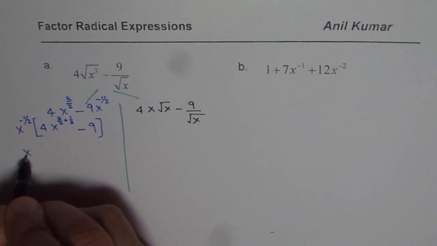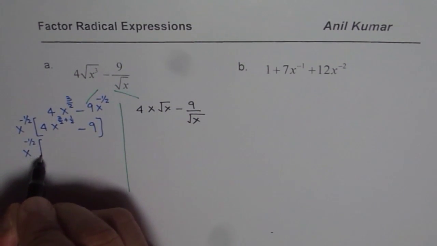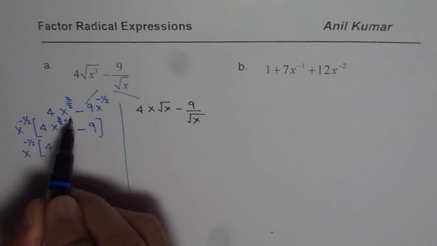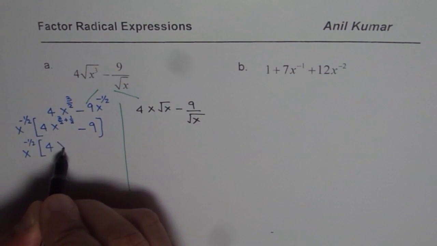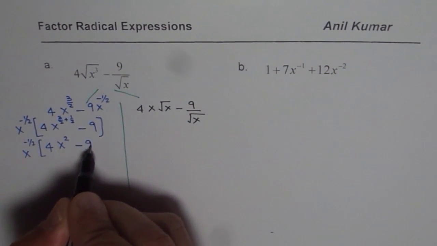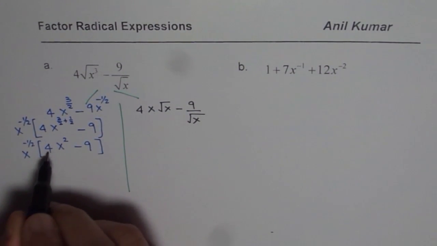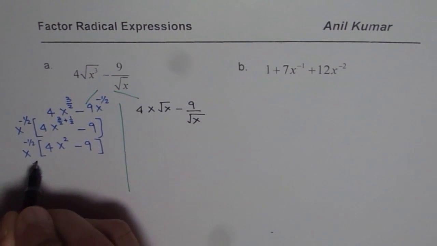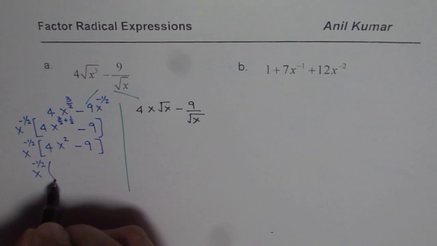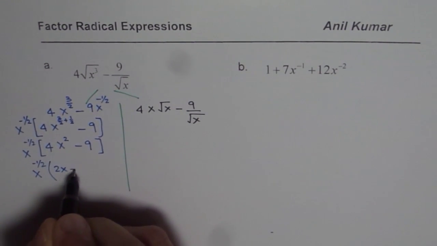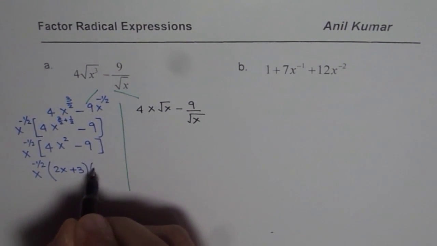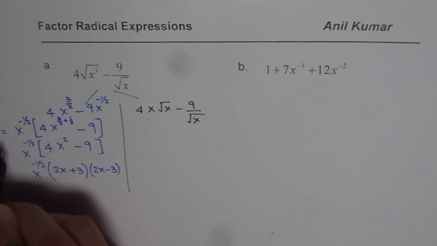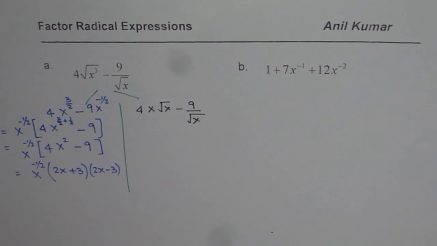Now, within the bracket, 4x to the power of 3 over 2 plus half, if you add up, you get 4 over 2. That means 4x squared minus 9, correct? Now, that is a difference of squares. And I could factor this as x to the power of minus half times 2x plus 3 times 2x minus 3. So that is how I can factor the given expression.